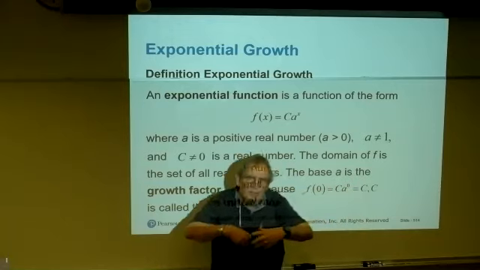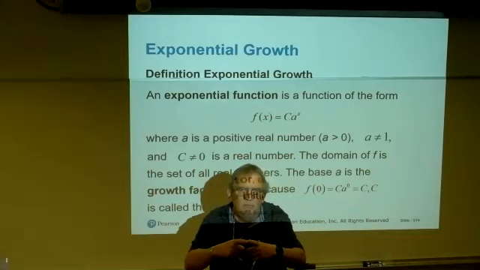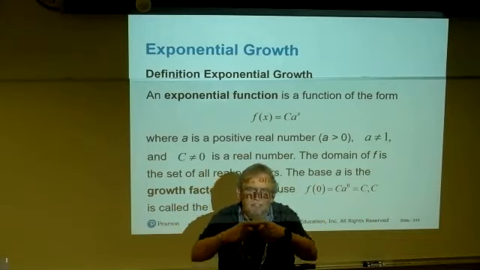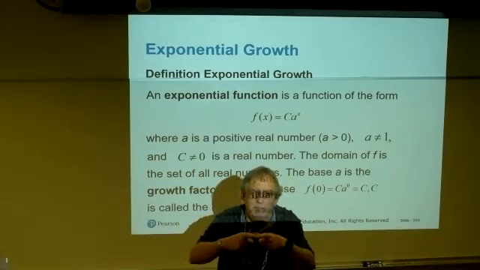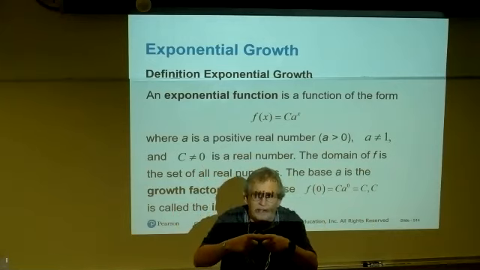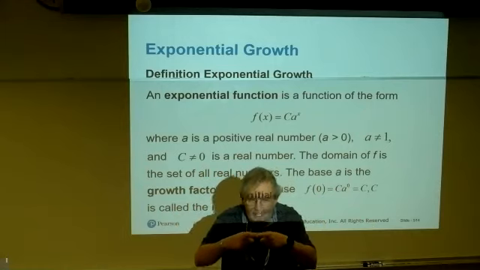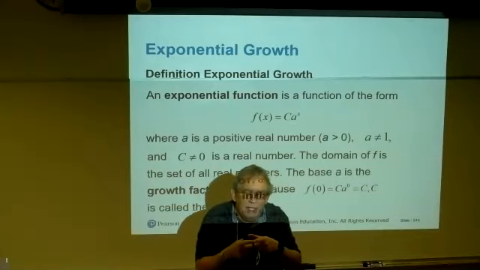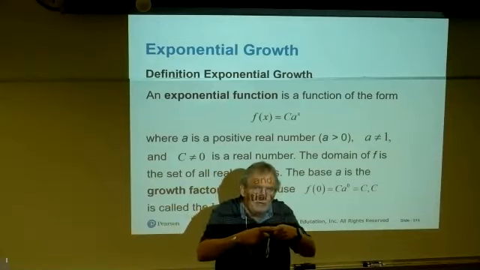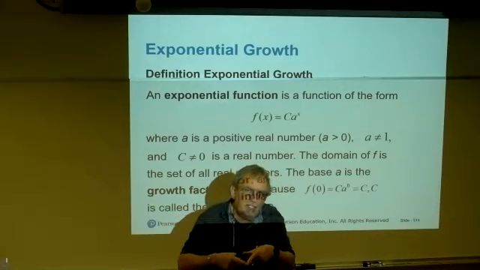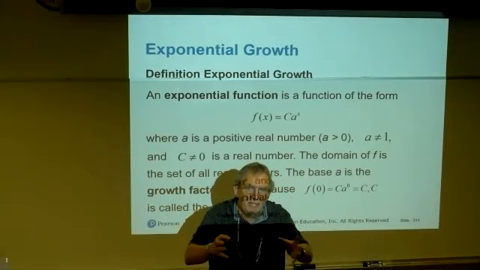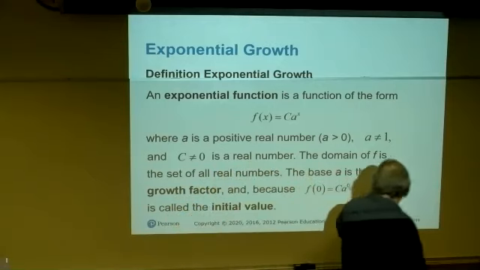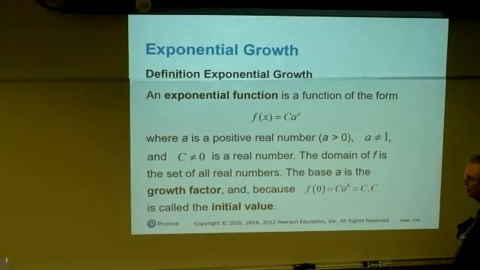So if you're looking at the population of an organism, at time 0 is how many organisms you have to start with. So if it's mold, how many mold things you have in there? If it's bacteria, how many bacteria do you have in there? If you're looking at a fish population, how many fish are in the initial population that you're starting with? That's what the c value is. That's the initial value. That's your starting point.